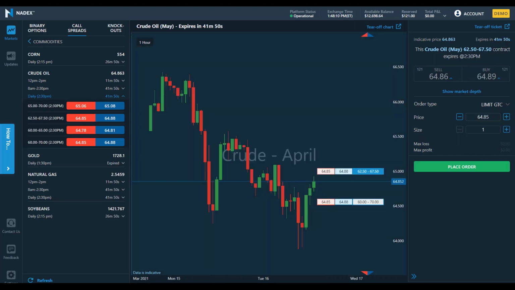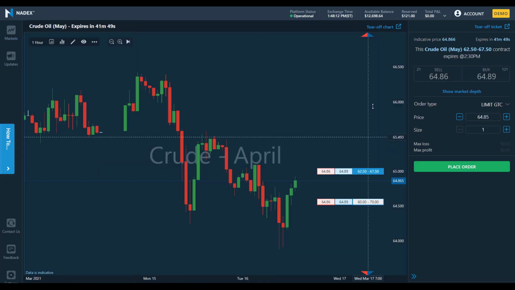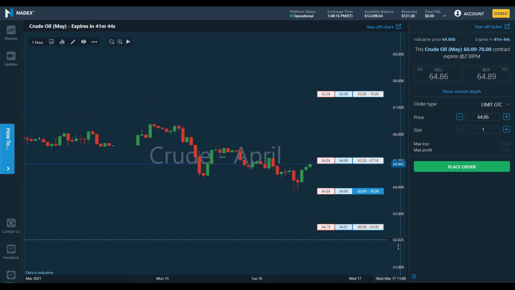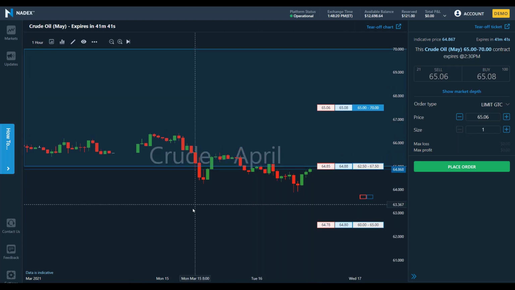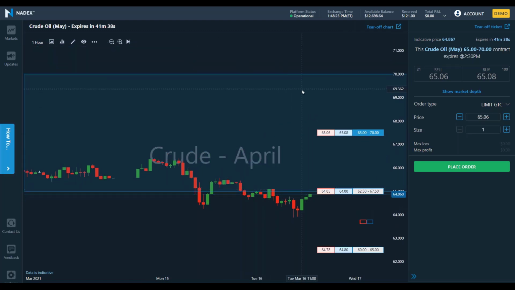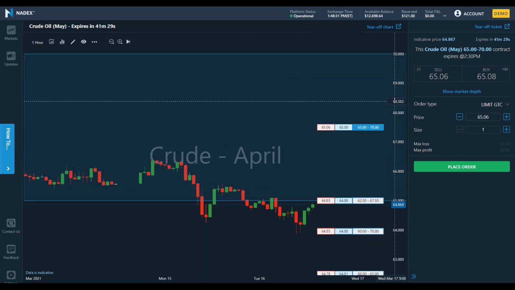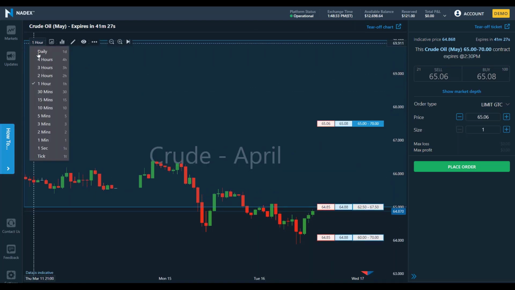Okay, now with a call spread, if I click on a call spread, let's zoom this in a bit. Whenever I click on a call spread, you can see the range of that call spread. It's highlighted in blue. So if I thought oil were going higher here, let's make this a smaller chart.